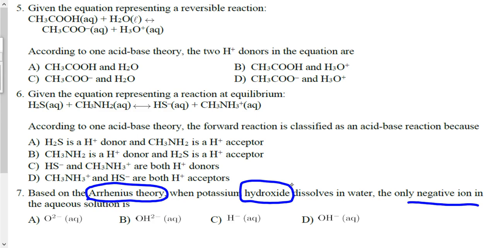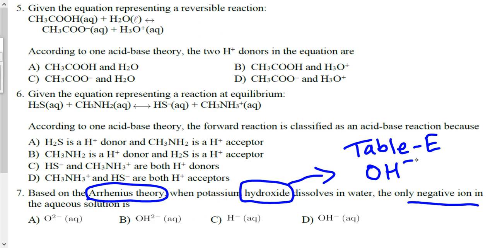So what is hydroxide? If you remember what hydroxide is, that would be great. If not, please take a look at reference table E and find the word hydroxide, and you'll realize that hydroxide is OH minus.